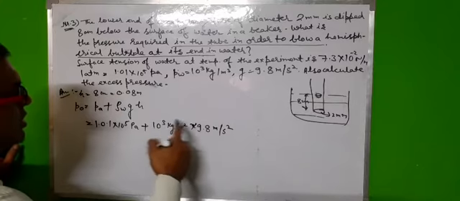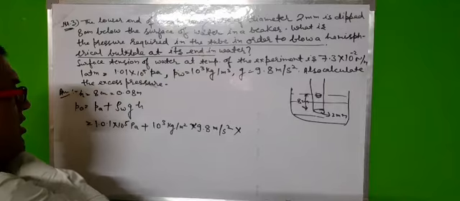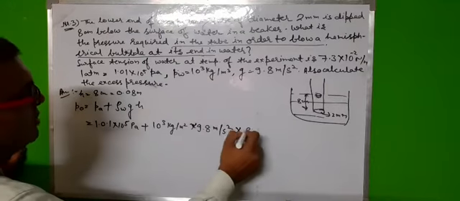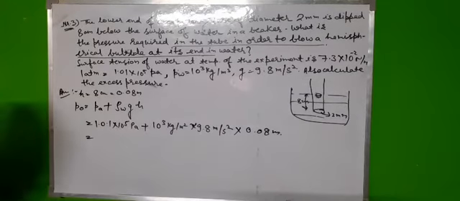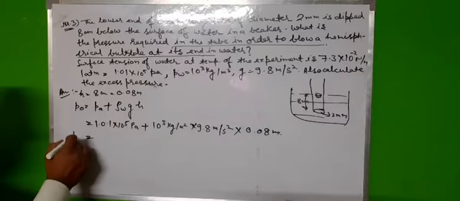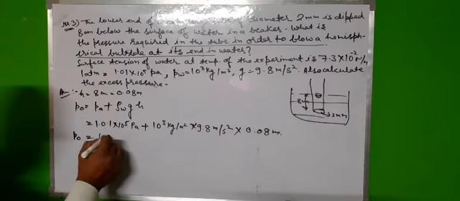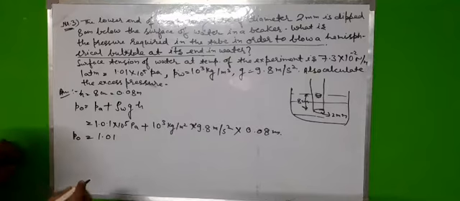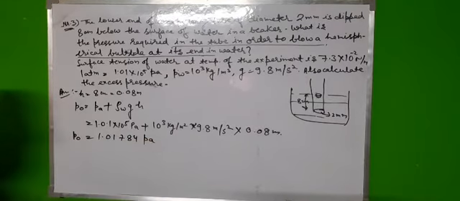And another thing is H, which we had calculated: H is equal to 0.08 meter. So on solving all these things, we will get P outside is equal to 1.01784 into 10 to the power 5 Pascal. This is the outside pressure we had calculated.